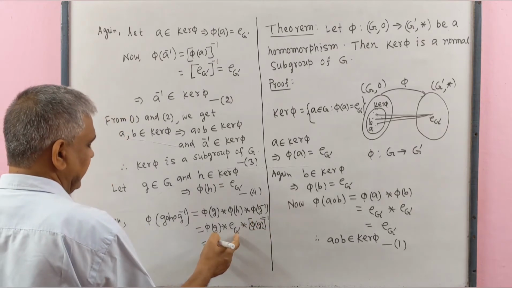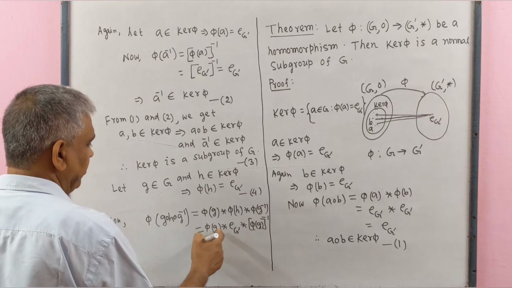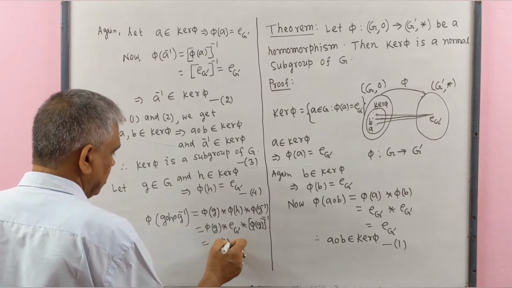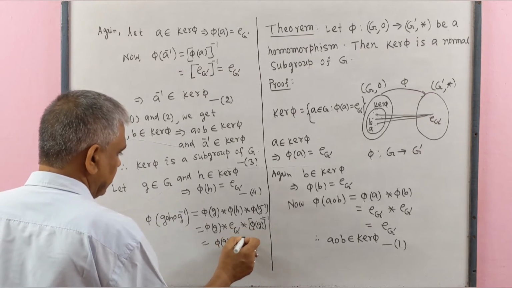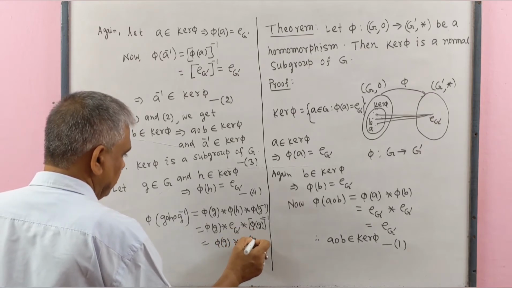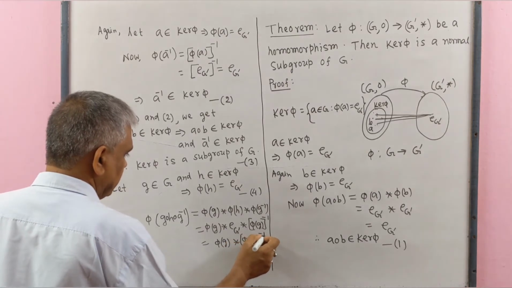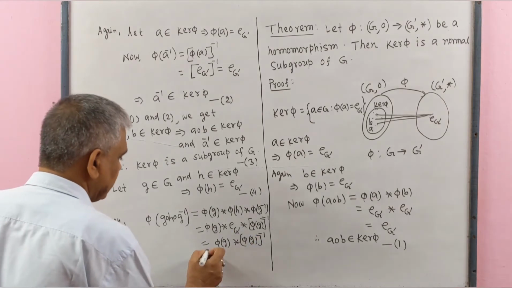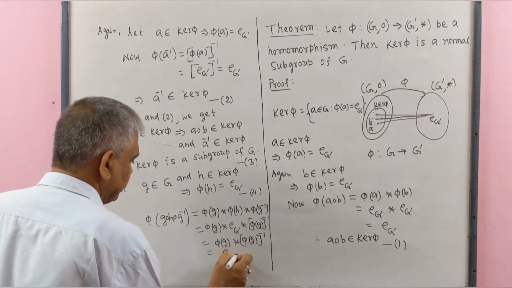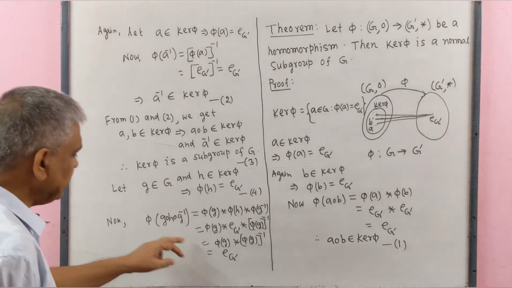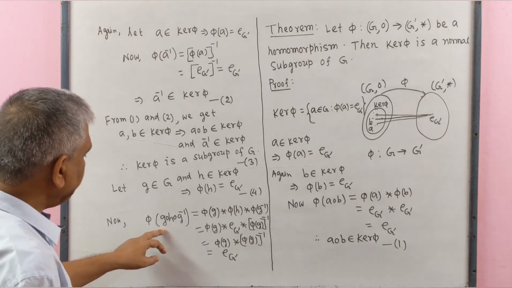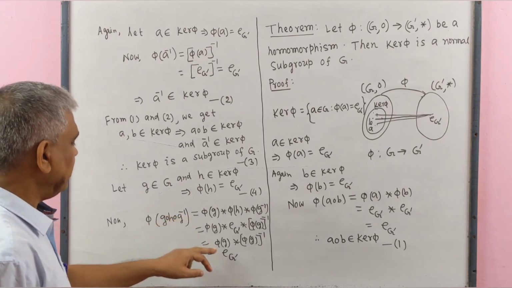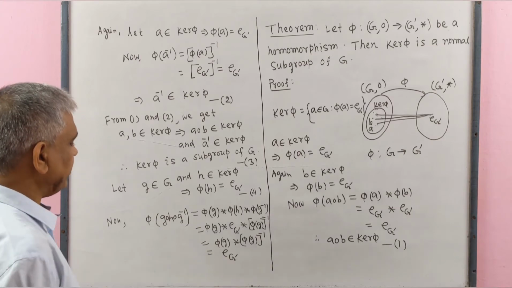This is the identity element, so phi(g) operation identity element is phi(g) star phi(g) whole inverse. So phi(g) operation phi(g) whole inverse means the identity element of G'. This means the image of g h g inverse is the identity element of G'.